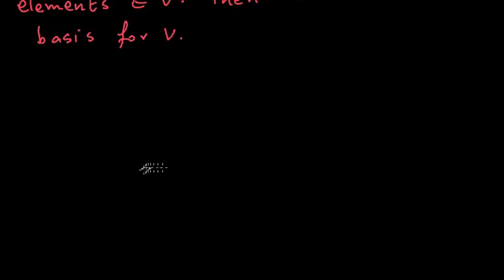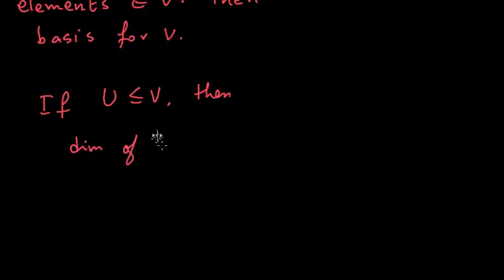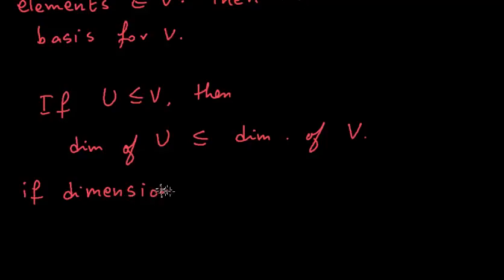Now let's look at a few theorems. If U is a subspace of V, then the dimension of U is less than or equal to the dimension of V. If the dimensions are equal, then U equals V. V itself is a subset of V, and hence it is a vector subspace of the vector space.